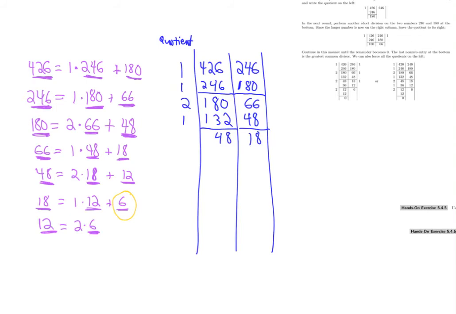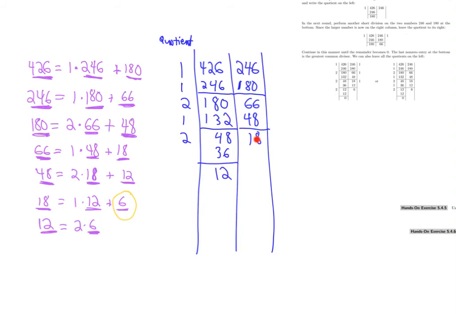I have two remainders from two different steps that are one right above the other. And so I need to figure out what is the quotient between these two. Well, the quotient is 2. So I'm going to write the 2 here. I'm going to multiply the 2 by the 18 and write that here, preparing to subtract. So when I subtract, I get 12.